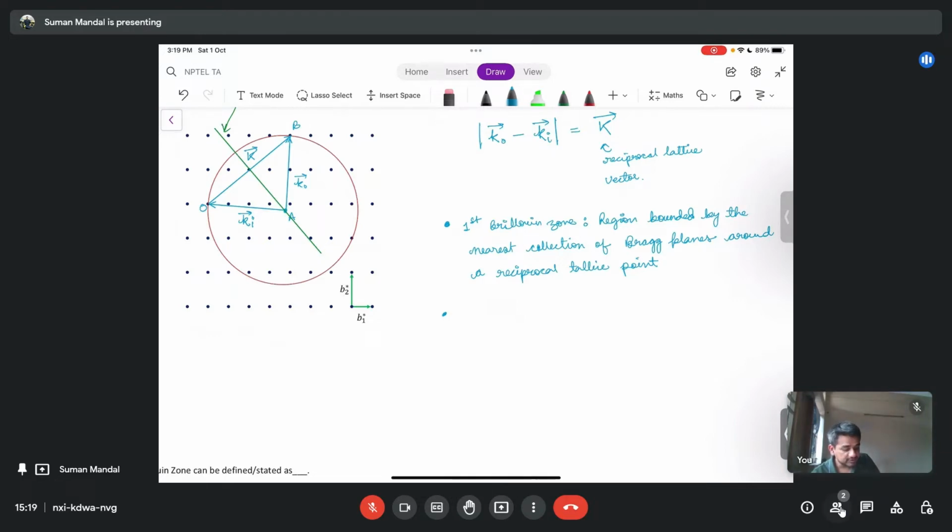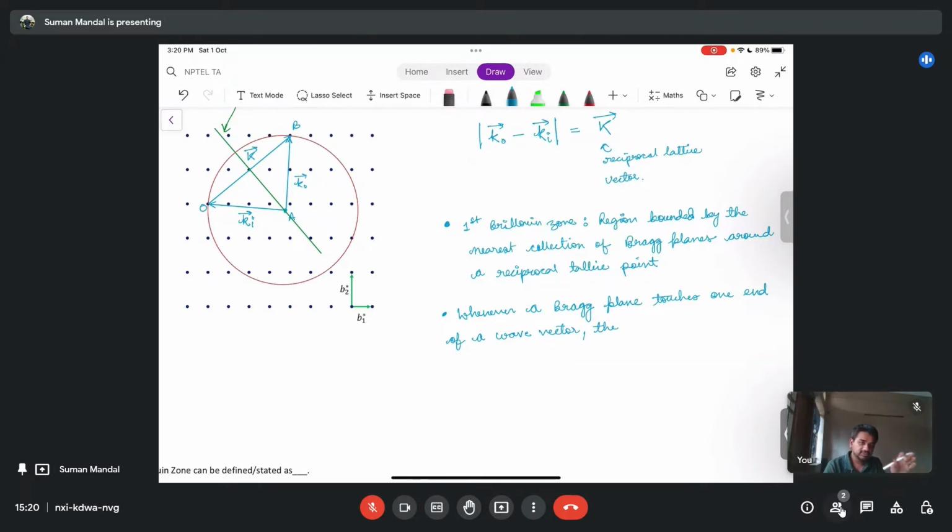The Bragg plane is important because whenever a Bragg plane touches one end of a wave vector, the condition for diffraction is automatically satisfied.